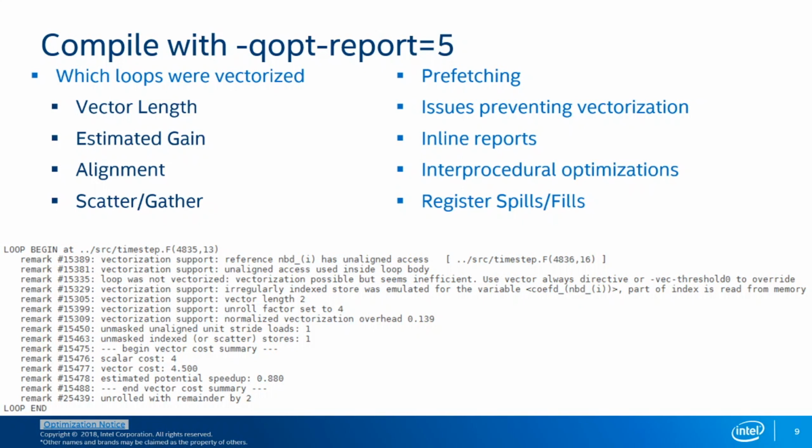And in addition to that, you can also get more detailed information like registers, spills and fills, and any sort of software prefetching that might be happening. So the report itself is quite detailed and too much to go into, but I highly recommend that, if you haven't used a compiler report before, that you try this option and look at the report and see all the information that's available within it.